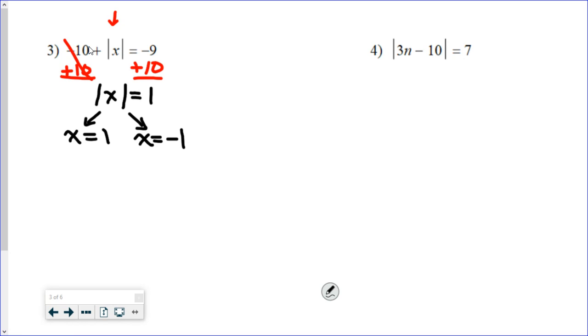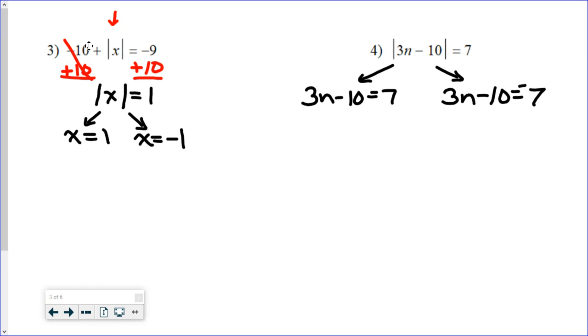Number 4, I don't have anything else on the left side other than an absolute value, so I can split it right away. And again, I'm writing it twice. One is -7, one is +7. So I'm going to add 10, right?